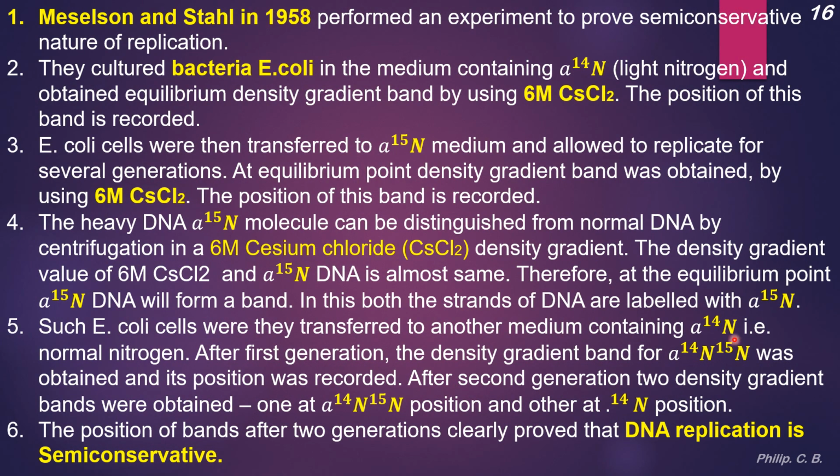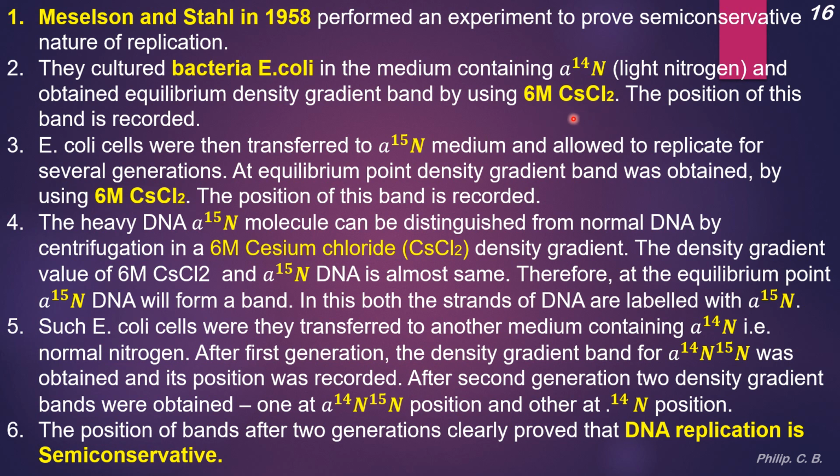Now the points which prove the experimental confirmation. Meselson and Stahl in 1958 performed an experiment to prove the semi-conservative nature of replication. Here they cultured bacterial E. coli in a medium containing N14, that is light nitrogen, and obtained an equilibrium density gradient band by using 6 molar CsCl2.